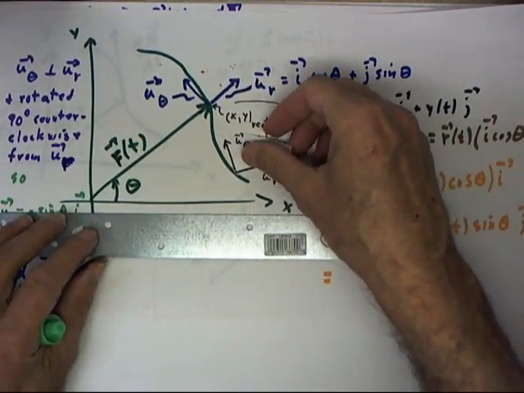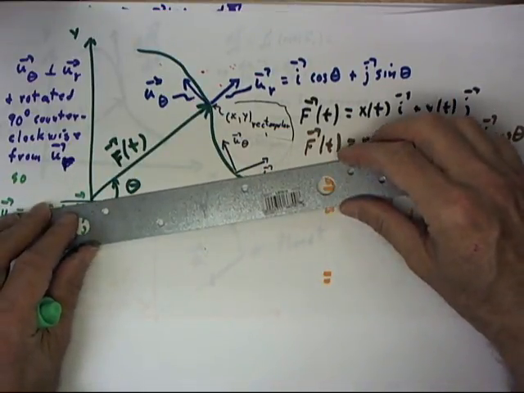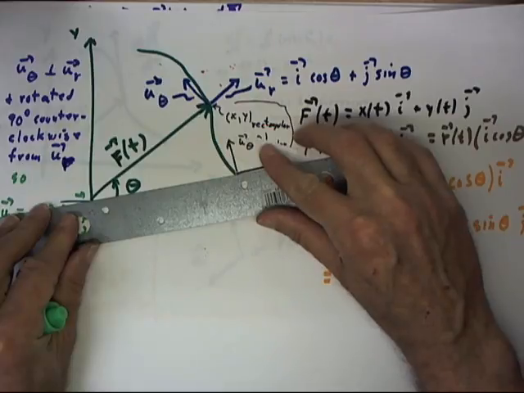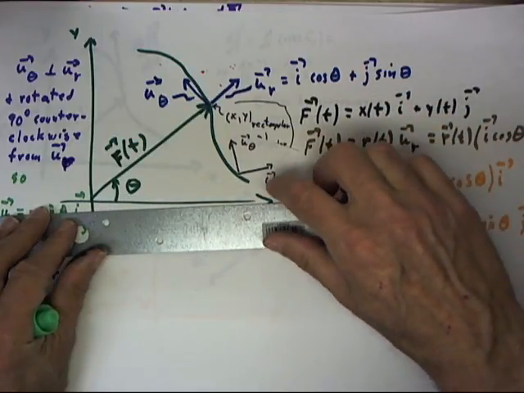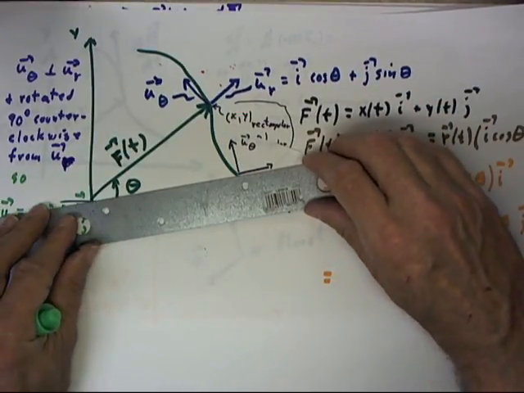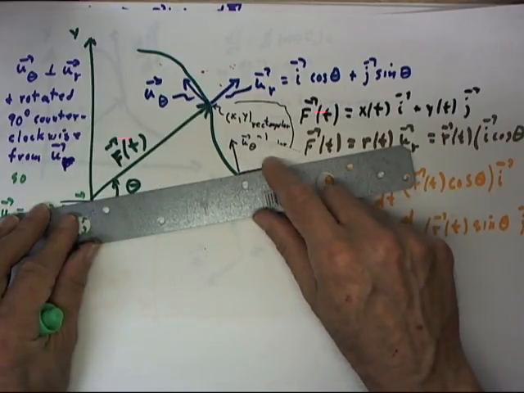For a picture, I've got a u_r u_theta pair sketched on a slip of paper, and I can orient my u sub r, and of course I've obliterated the u sub r label here, but I can orient the u sub r vector along the radial line.